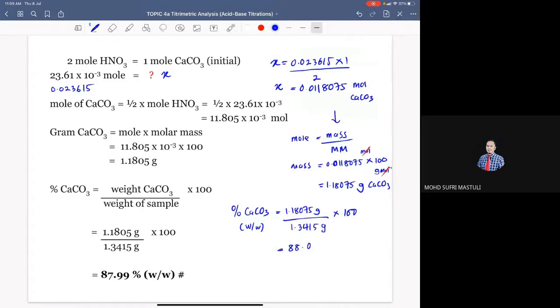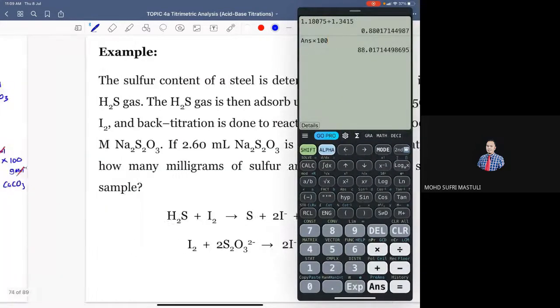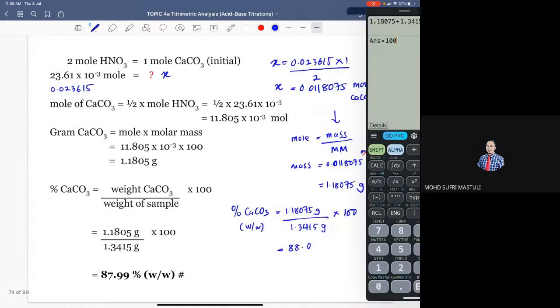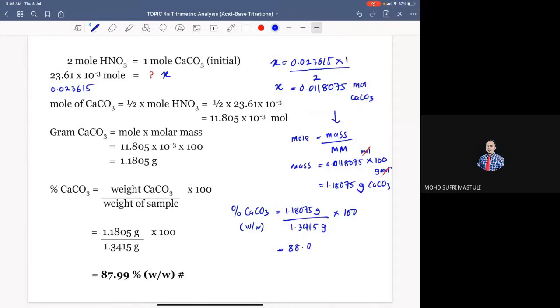0102. Okay, so this answer is slightly different because it's a contribution of the decimal point, but it's still acceptable.